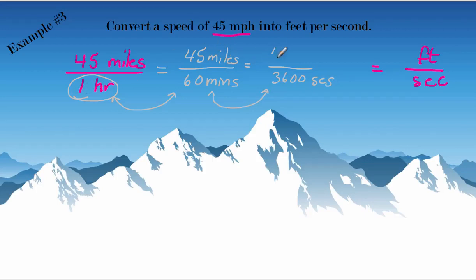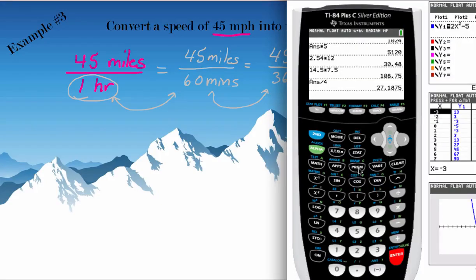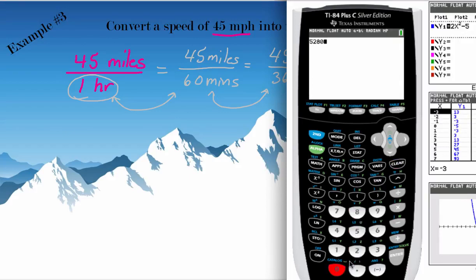So now I'm doing 45 miles for 3,600 seconds. So I've got my seconds on the bottom almost, but now I've got to get my feet up top. So I'm going to come back here, and I'm going to remember that there's 5,280 feet per mile, and I have 45 miles.